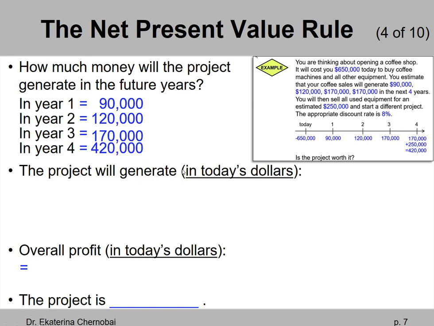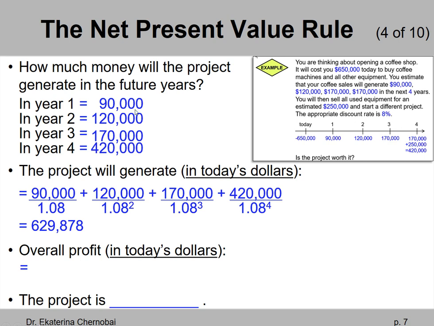So essentially we are asked to sum up the 4 future cash inflows, right? Except the phrase "in today's dollars" implies that we need to take into account the whole time value of money. In other words, we need one by one to discount each of these 4 future profits and then add up their individual present values.